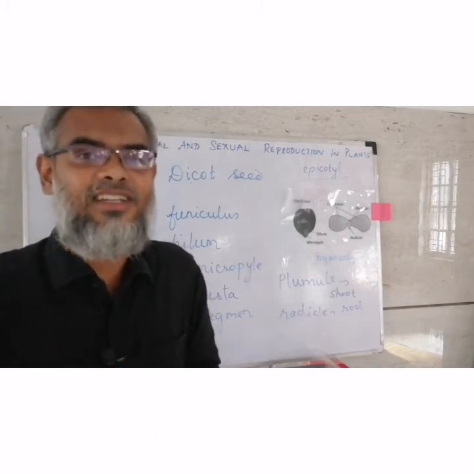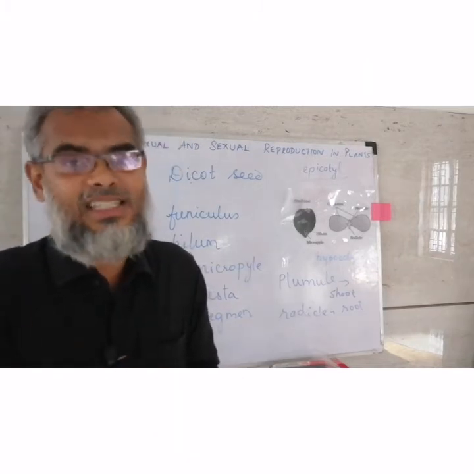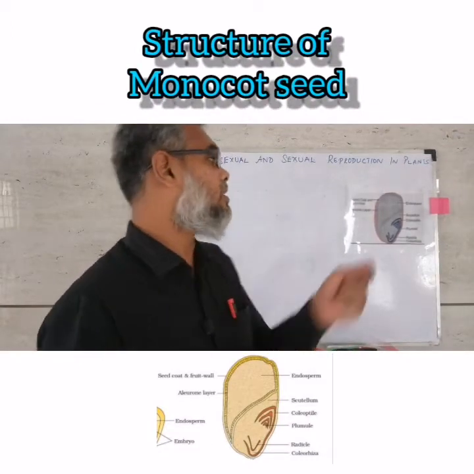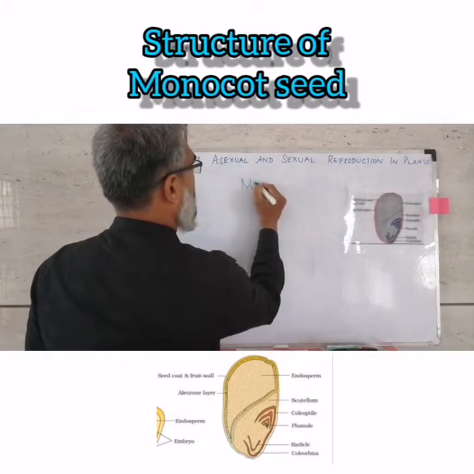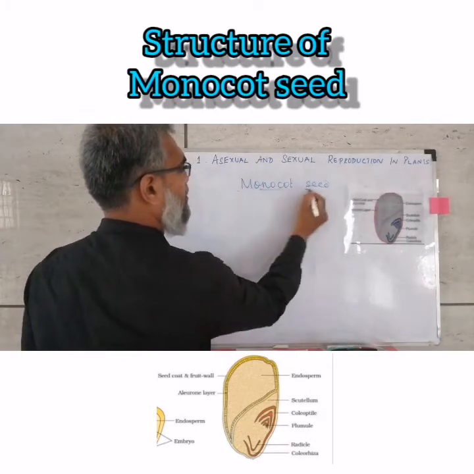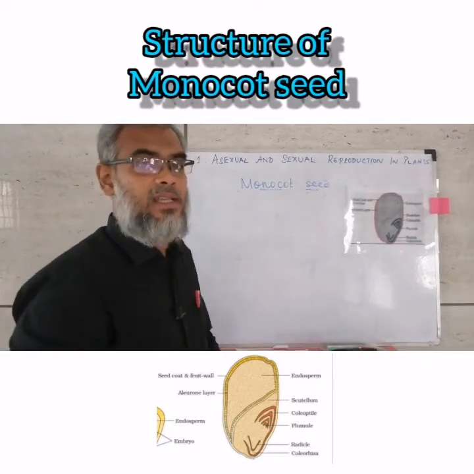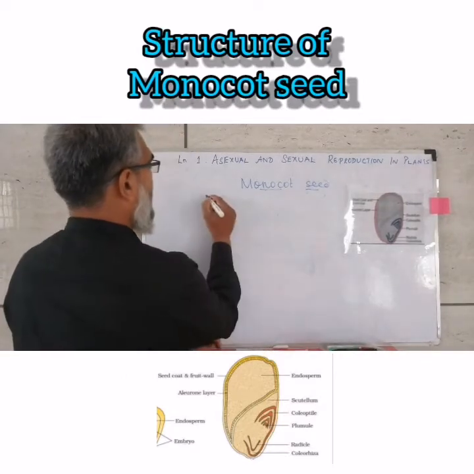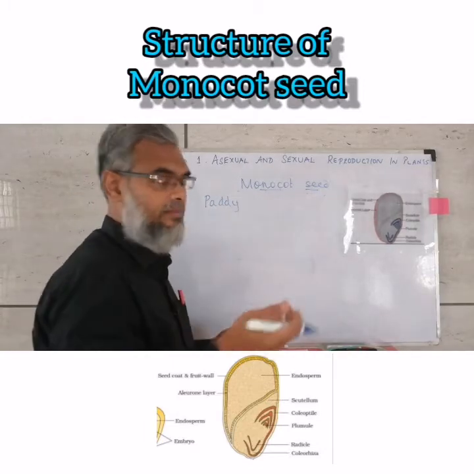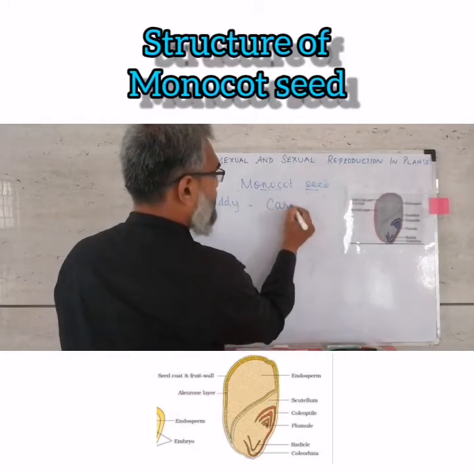Now we should learn about the monocot seed. When we discuss the monocot seed, we can give paddy as an example. The whole seed of the paddy is called a caryopsis.